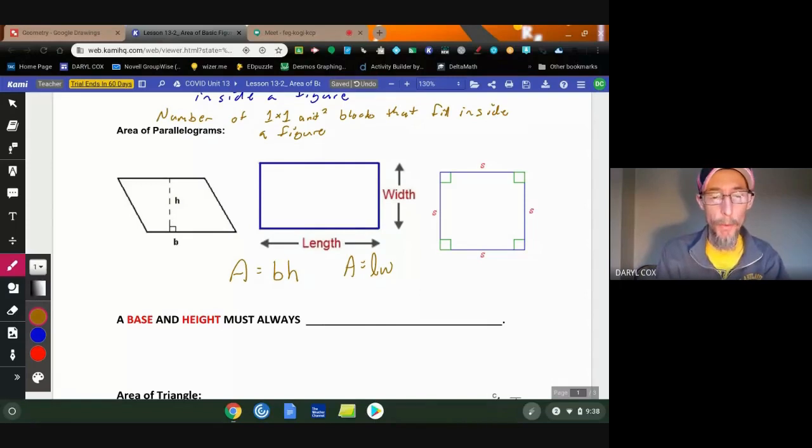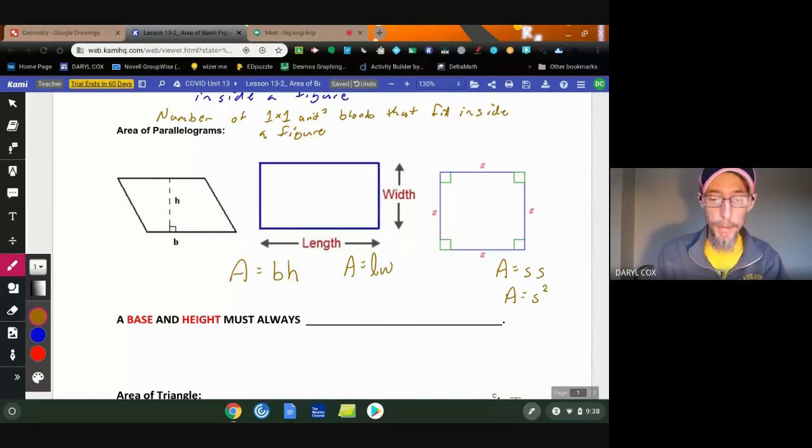What it means is one dimension times the second dimension. In a square, it even looks more different because the area could equal s times s in this case, or simply s squared. So even though these three formulas all look different, they actually are the exact same thing, okay? They're all a base times a height, okay?